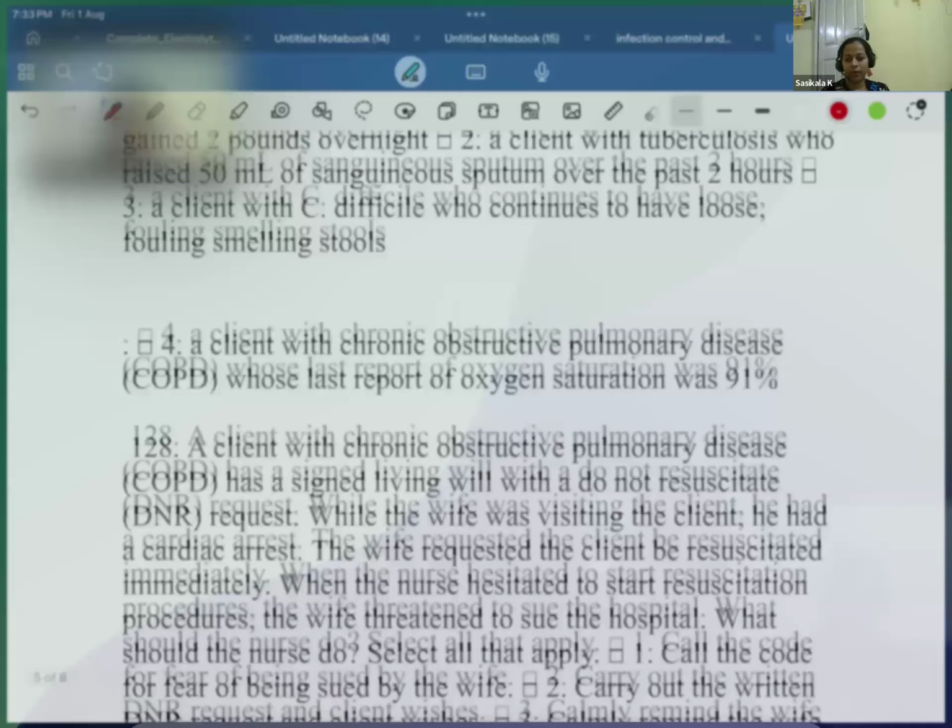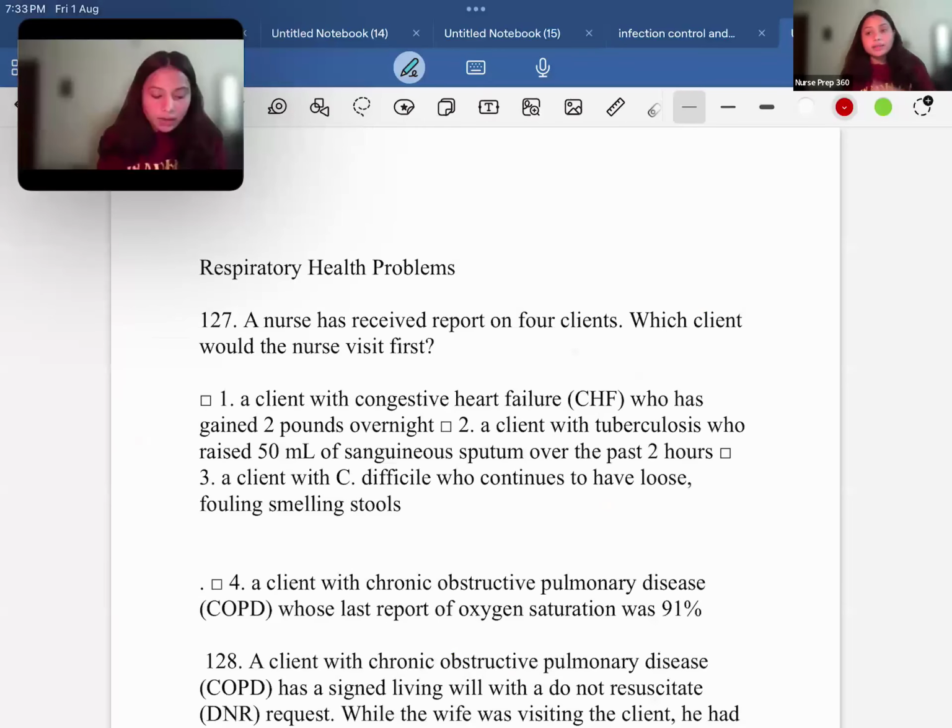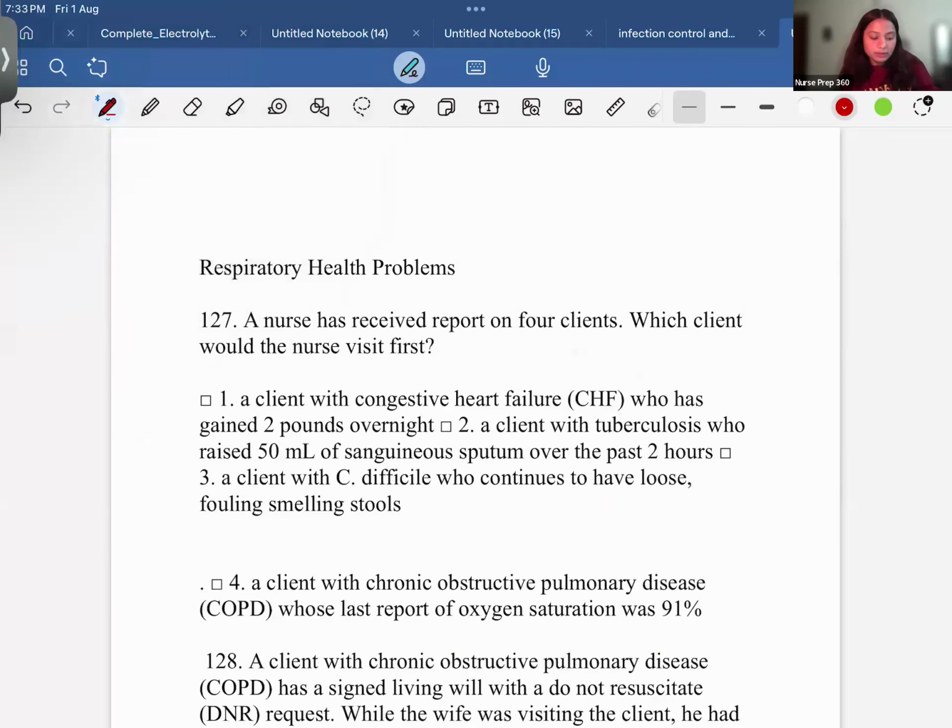Let's do the questions. I will ask any one of you to read the question. Can you see my screen? Farhad, read question number 127.